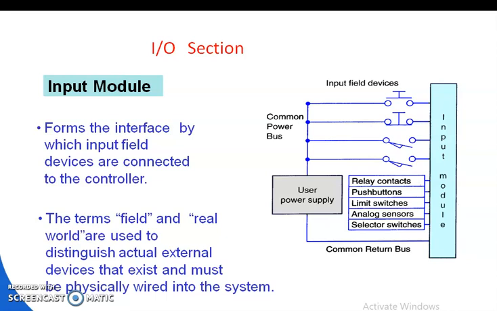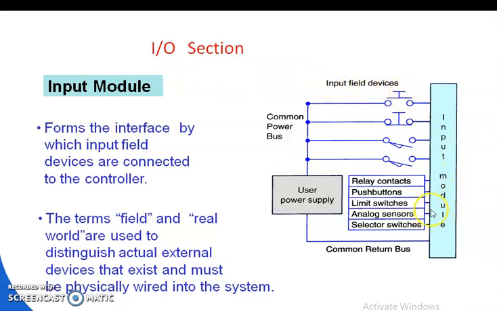The terms field and real world are used to distinguish actual external devices that exist and must be physically wired into the system. So this is the entire diagram for the I/O section. This is input field devices.